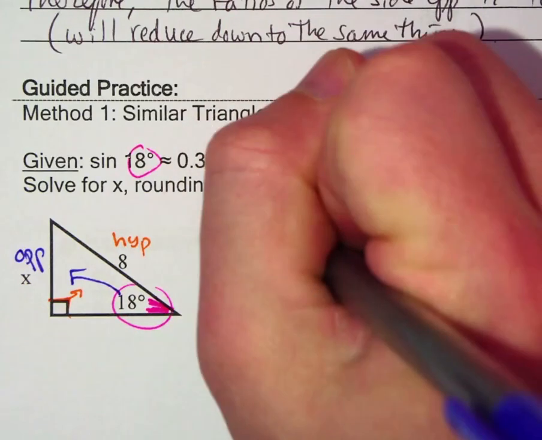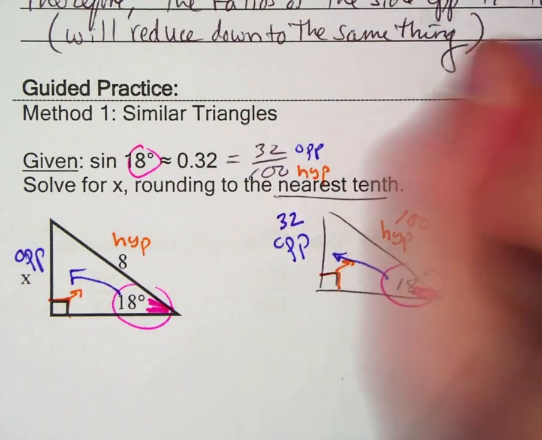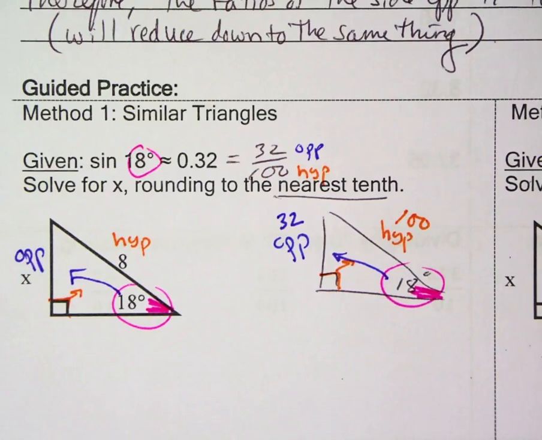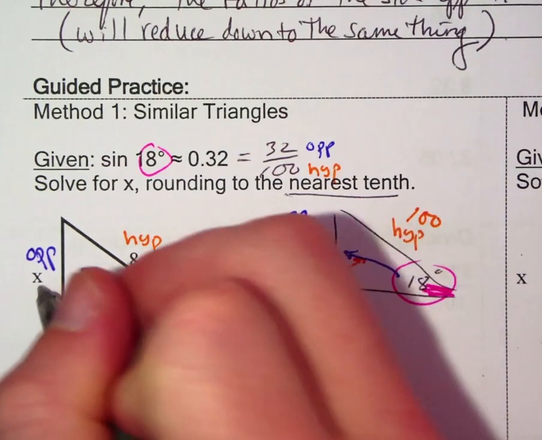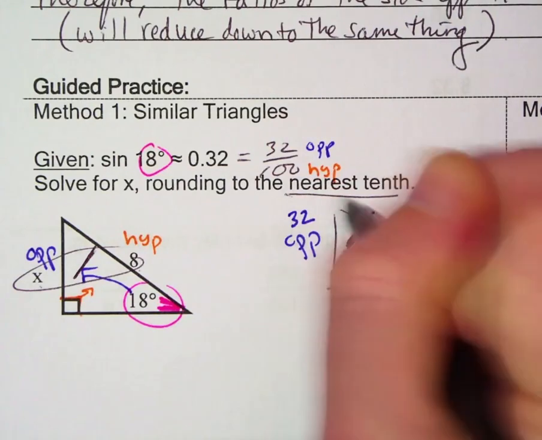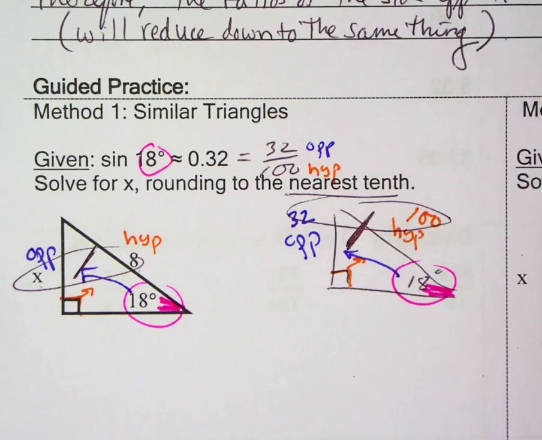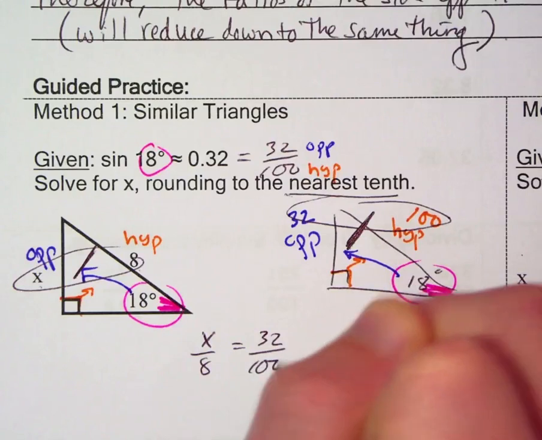So my opposite is going to be 32, and the hypotenuse is going to be 100. So you can see the ratio x over 8 is going to be the same thing as 32 over 100. So x over 8 is equal to 32 over 100, and then you just solve.